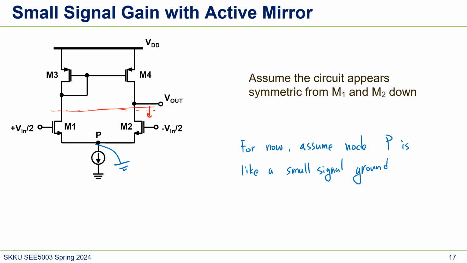It's actually like a pivot point, and they are balanced. So that's where we start, assuming that this is AC ground.